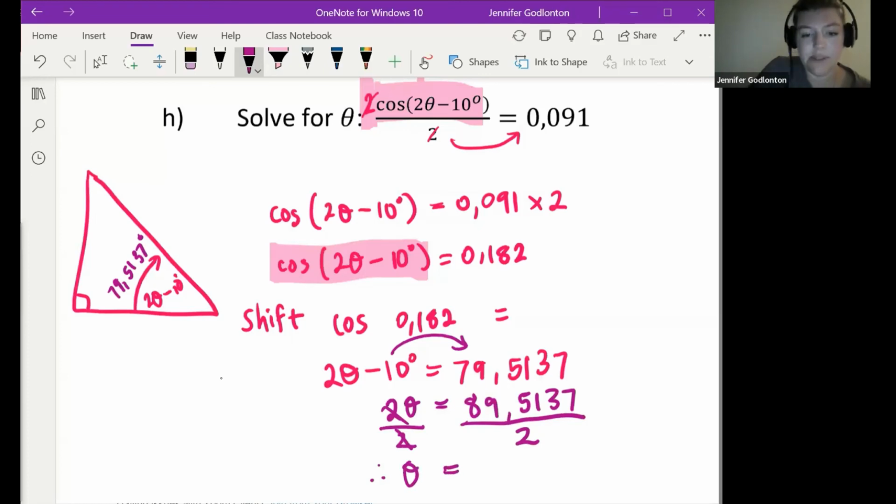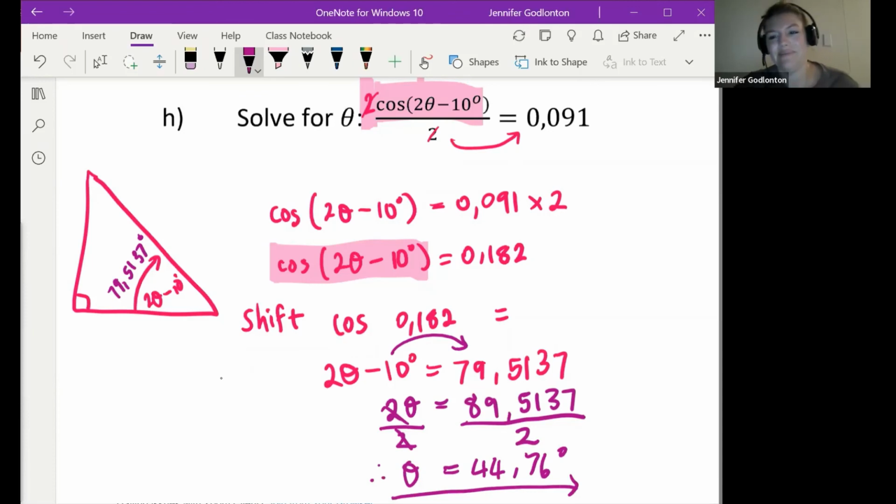I'm going to divide both sides by 2. And now it's my final answer. So now I can round off to 2 decimal places, and I'm going to get 44,76 degrees. That's going to be my final answer.